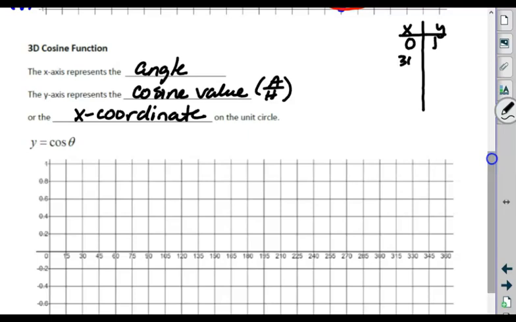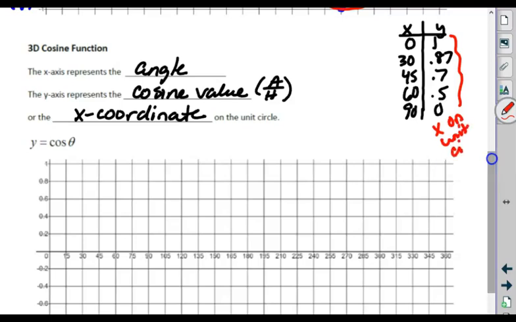At 30 degrees, I'm at 0.87. At 45 degrees, 0.7. 60 degrees, 0.5. 90 degrees, 0. So these are the x coordinates on the unit circle that go with each angle. But they're the y values on the actual cosine graph.